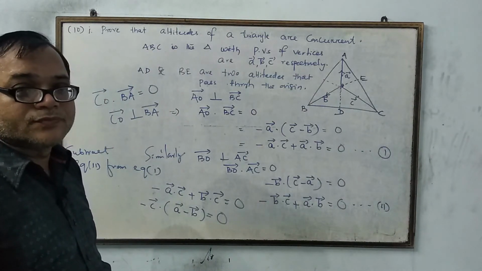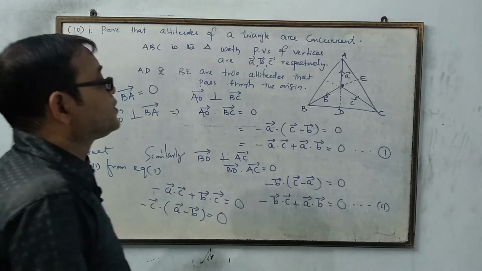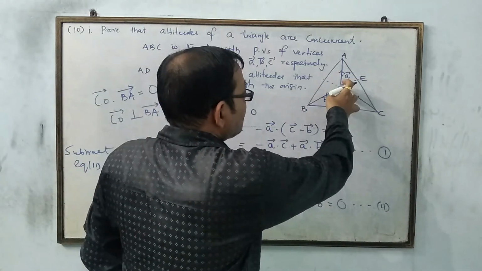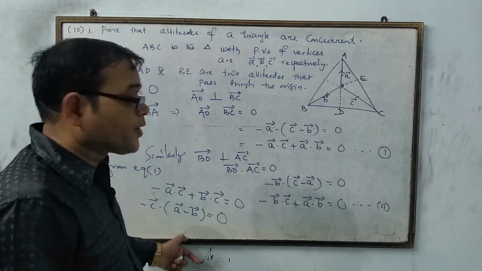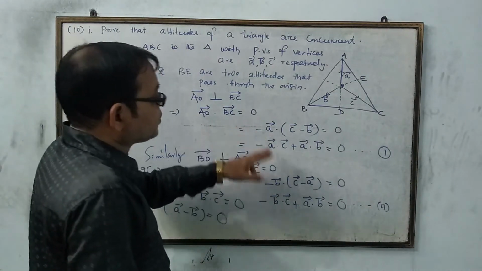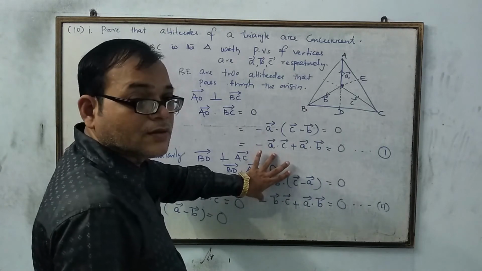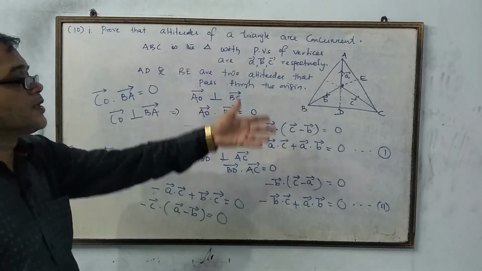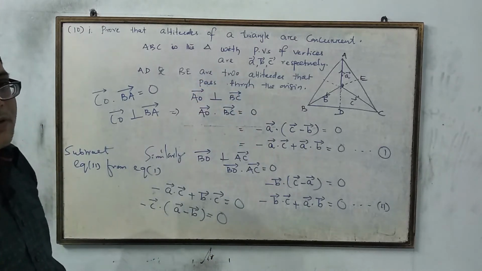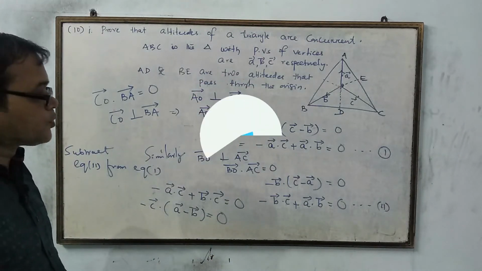Why do they pass through the common point? Because if these two conditions are satisfied, then the third condition is also satisfied. Hence we can say that the altitudes of the triangle are concurrent. Pause the video to note it down.